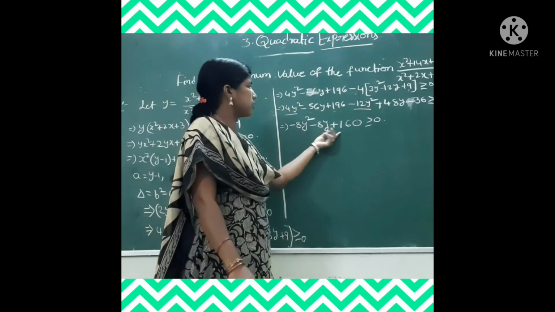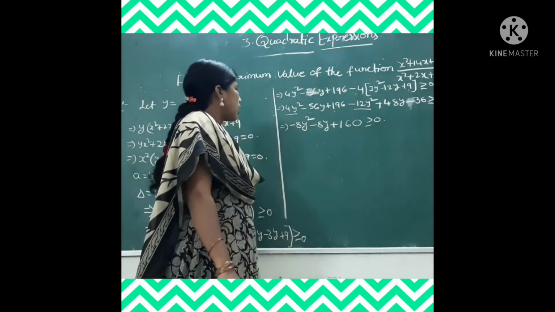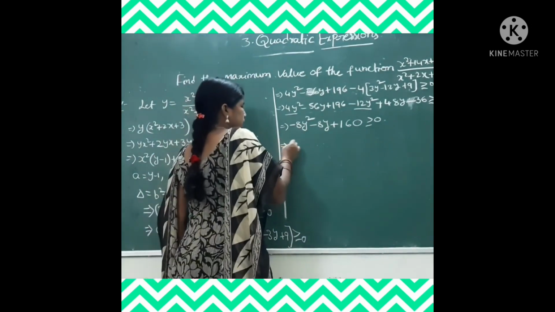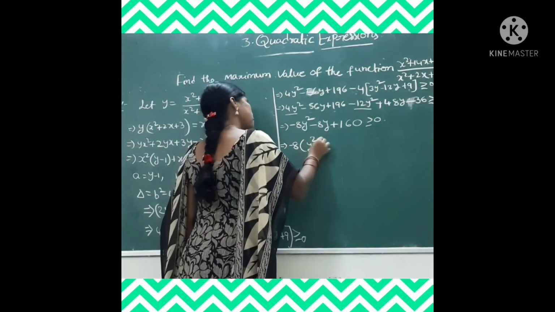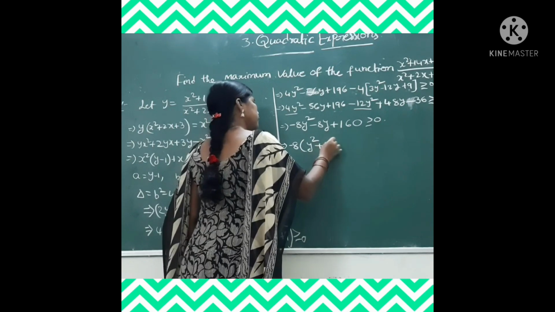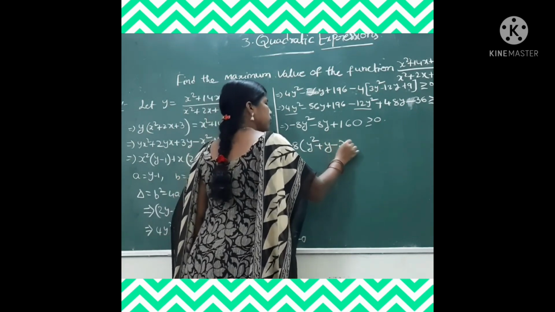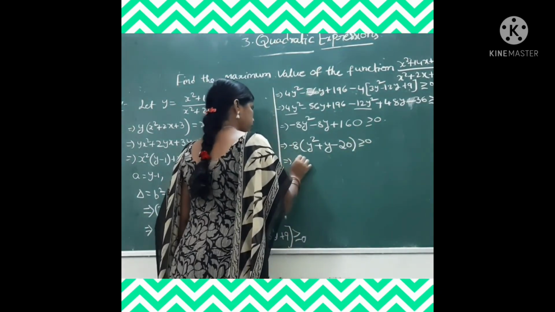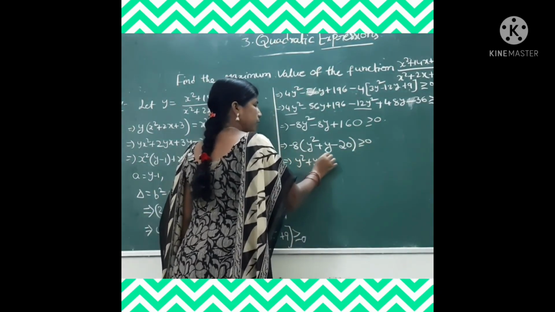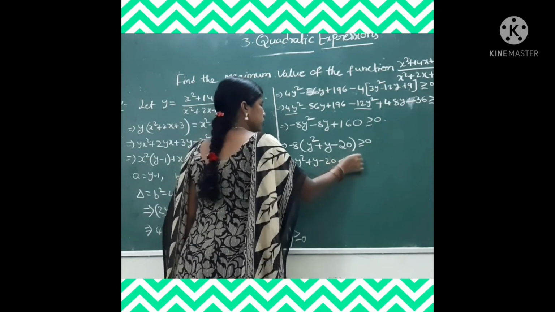Okay, in this equation we can take minus 8 common: minus 8 times y square plus y minus 20. That implies y square plus y minus 20 is less than or equal to 0.